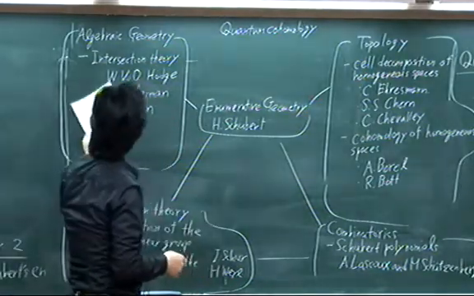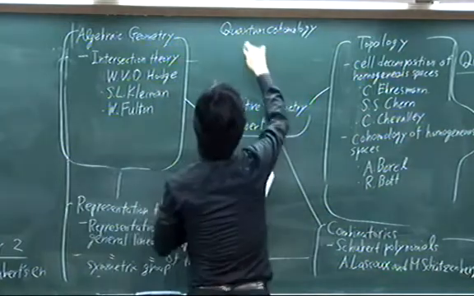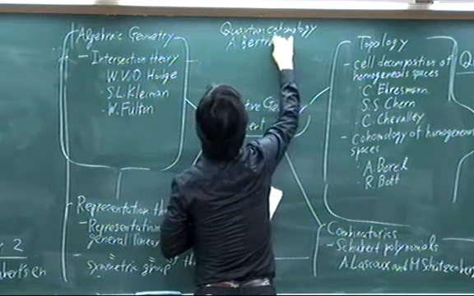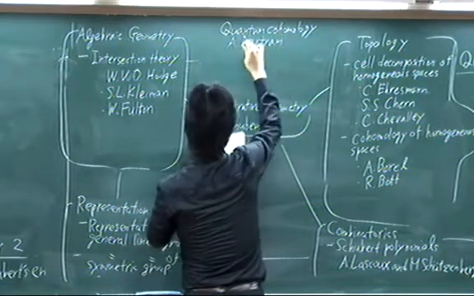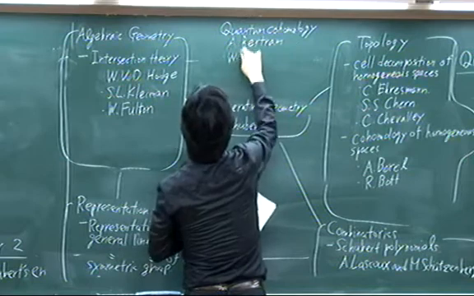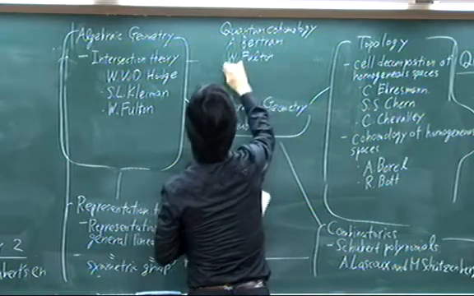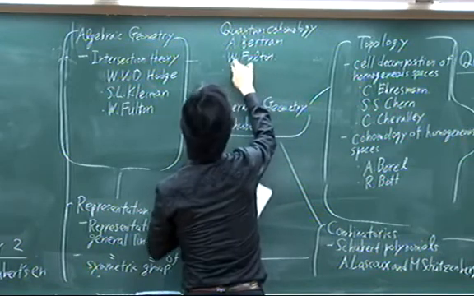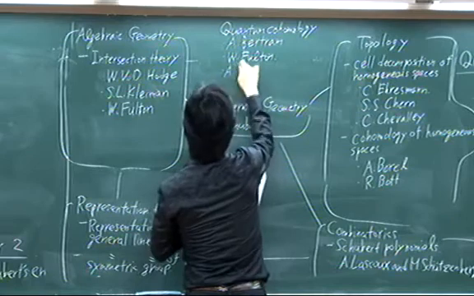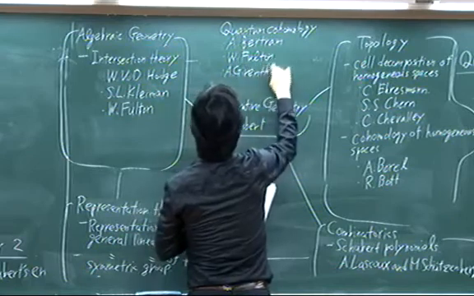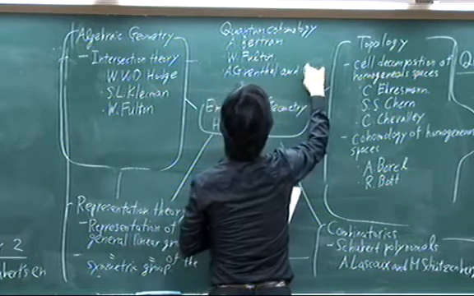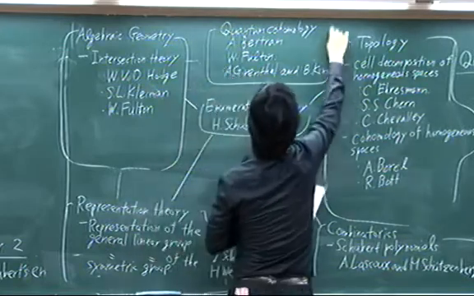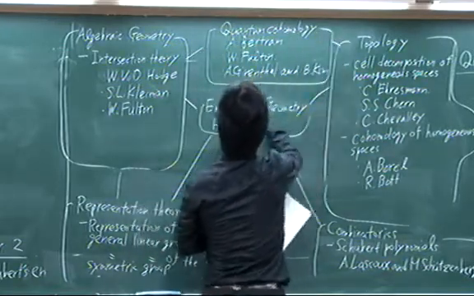So many algebraic geometers studied quantum cohomology, for example, Aaron Bertram, William Fulton, and Bumsig Kim.